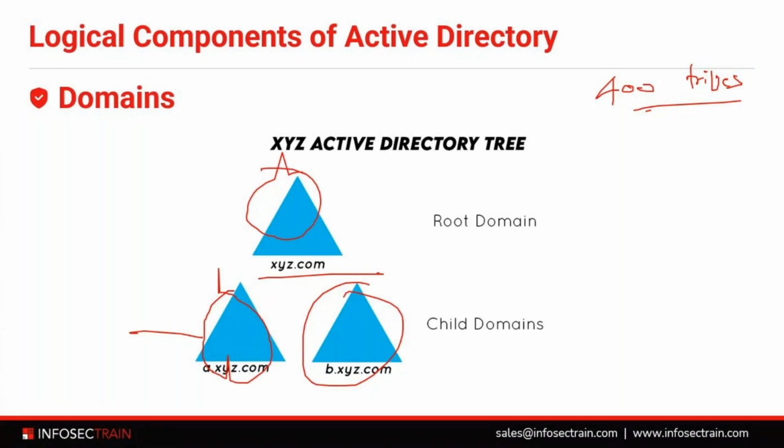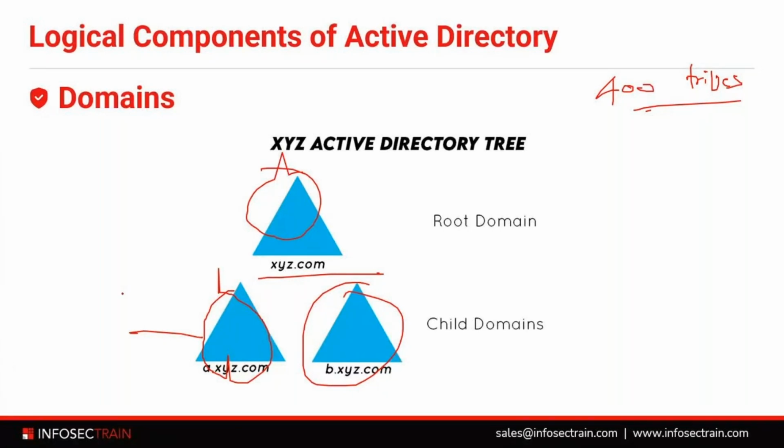right? So we have discussed the forest, right? As I said, a forest can contain multiple domains. So managing a forest, if I make you an administrator, the forest has multiple domains. Every domain has some users, objects, devices. So it is very difficult to manage, right? A domain allows you to set smaller administrative targets.